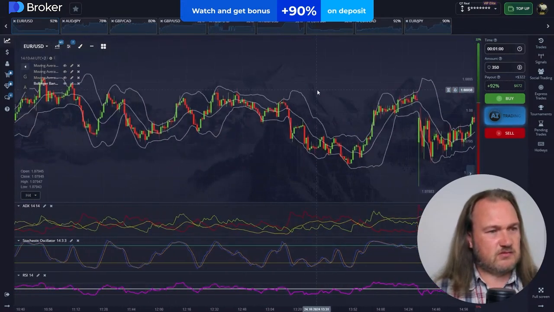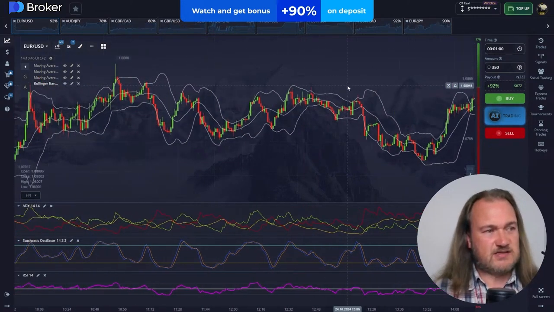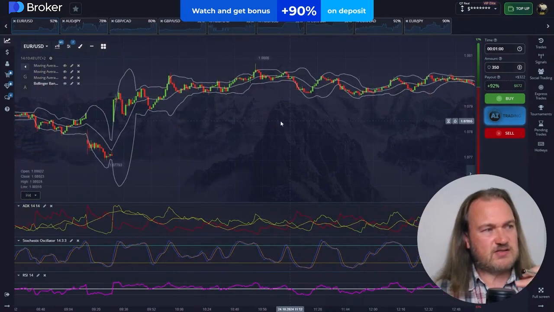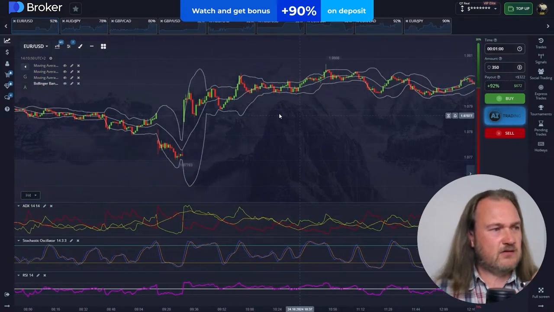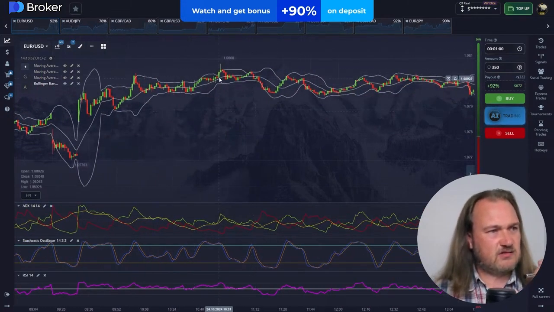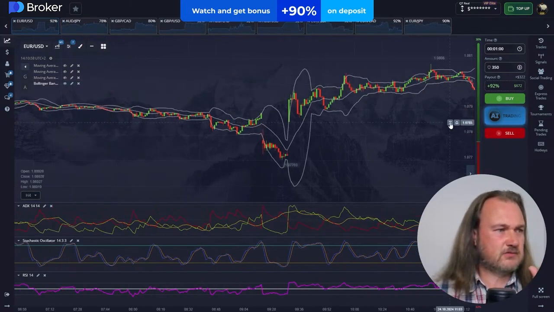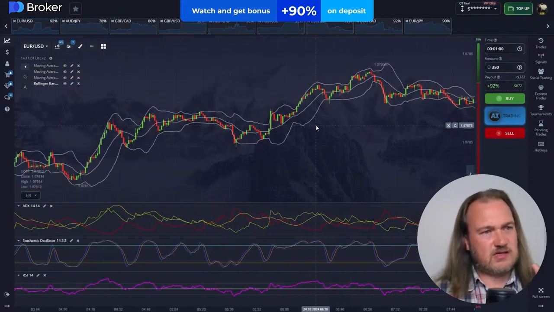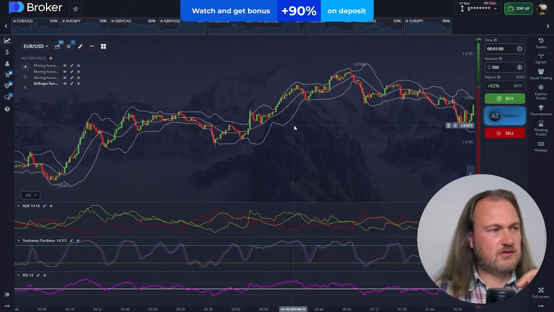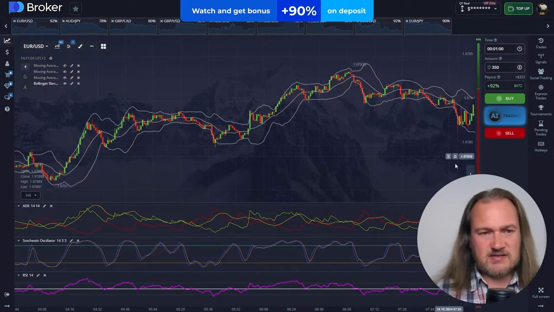Not a lot of examples though, like I said. It's not something you're going to get quite often. We can see kind of a squeeze there. It's not a very good example of this, but it gives you the idea. So it's something to keep an eye on, and again, it takes a little bit of practice.